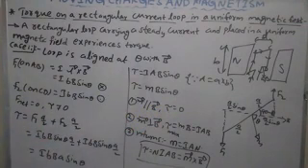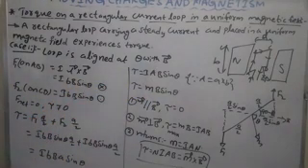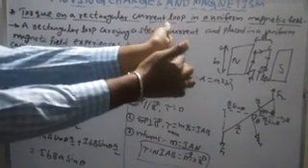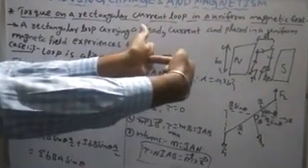If the plane of the coil is placed perpendicular to the magnetic field, then what is the angle between the areal vector and the magnetic field? 0. Suppose the magnetic field is acting like this, and this is the plane of the coil. The magnetic areal vector is perpendicular to the plane, so this is the areal vector.